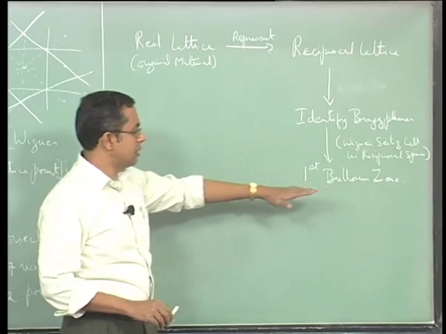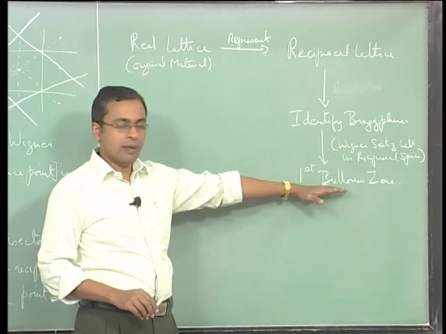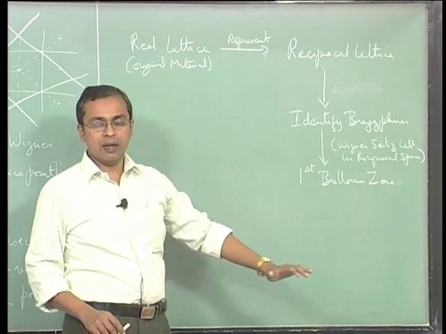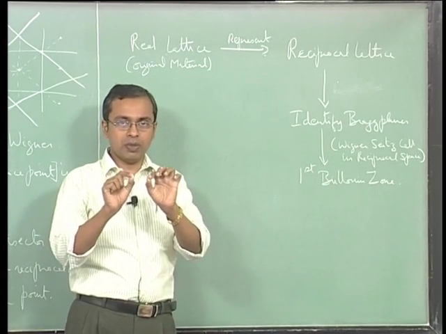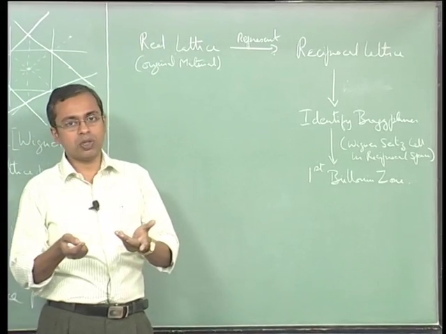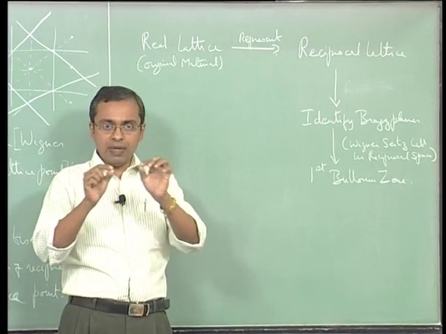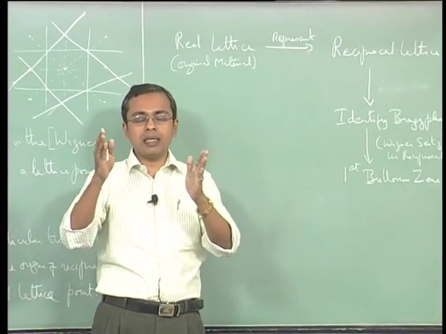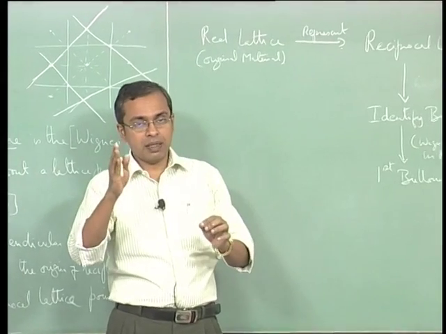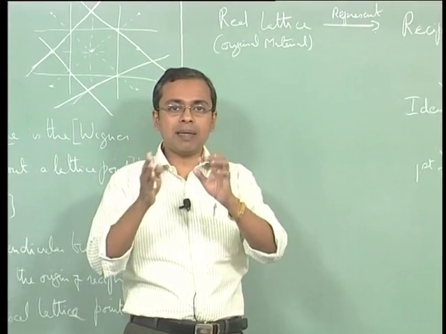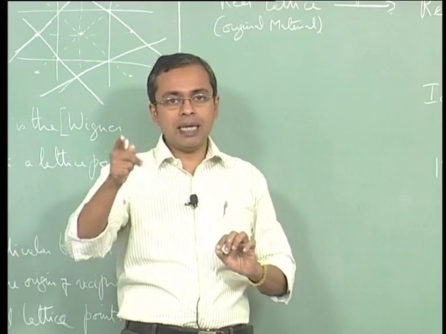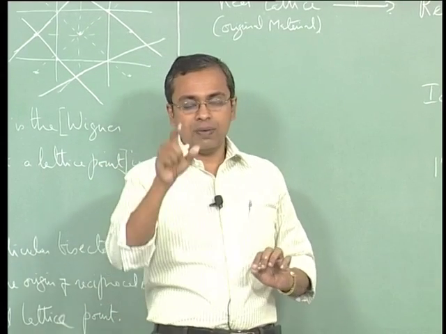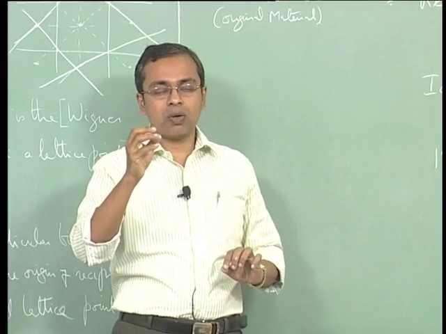We have now simply identified the first Brillouin zone, but this concept is a little more general. If you start at the origin of reciprocal space, which you have designated by your choice, and go away from the origin, at some point you will touch the first Bragg plane, the nearest Bragg plane to that origin. As long as you do not cross that Bragg plane in any direction, the region that you identify is called the first Brillouin zone.